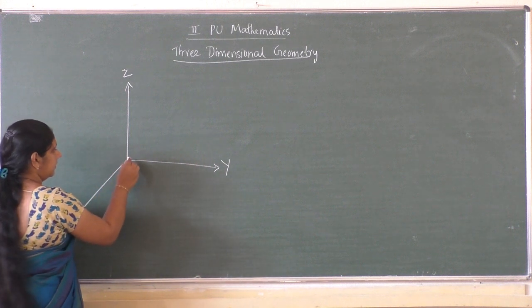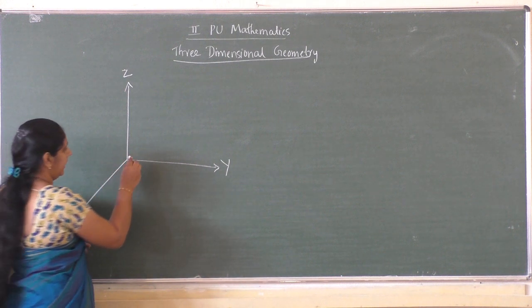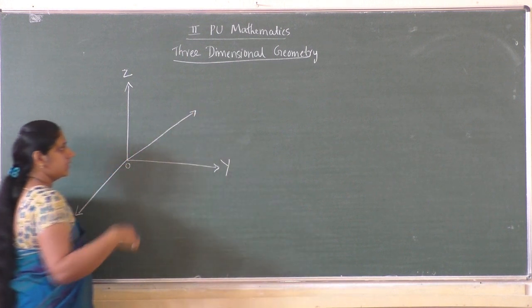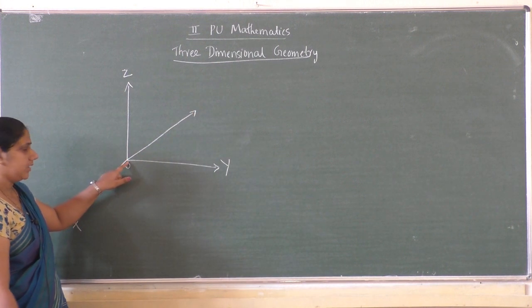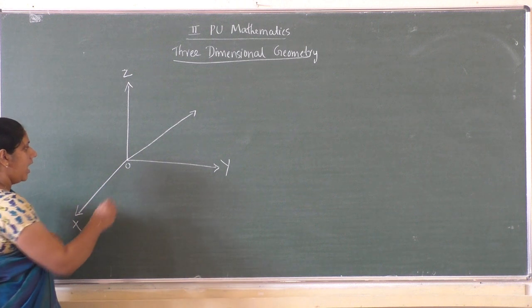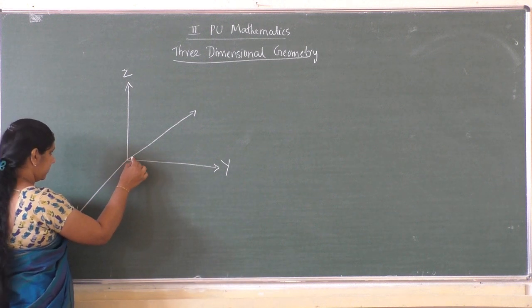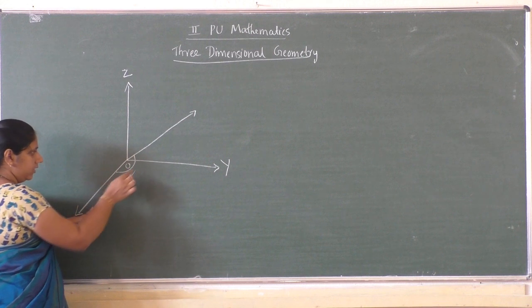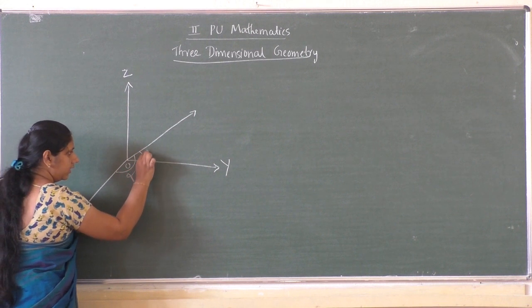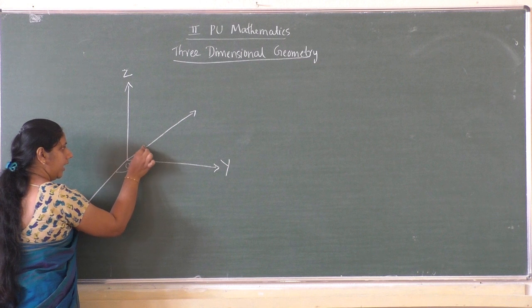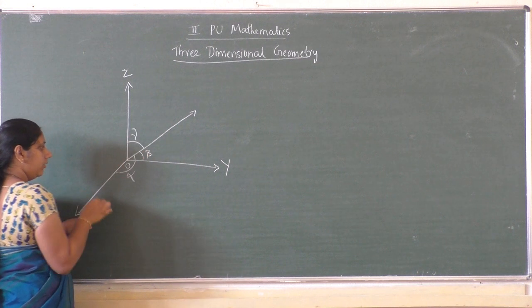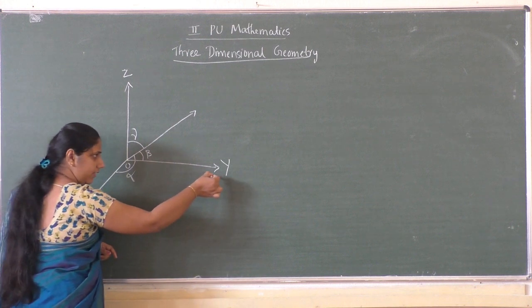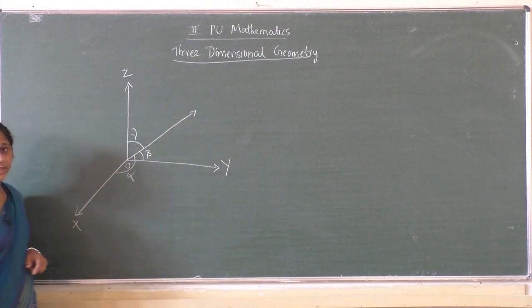I will consider one directed line passing through the origin, and this line makes an angle alpha, an angle beta and an angle gamma with the positive direction of x-axis, y-axis and z-axis respectively.